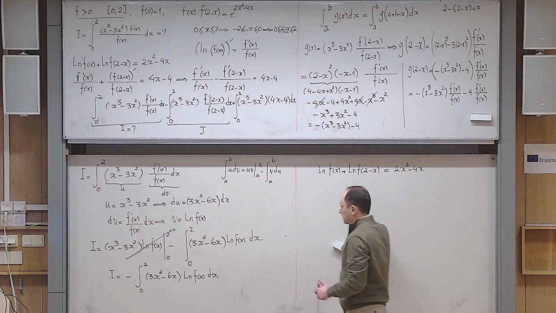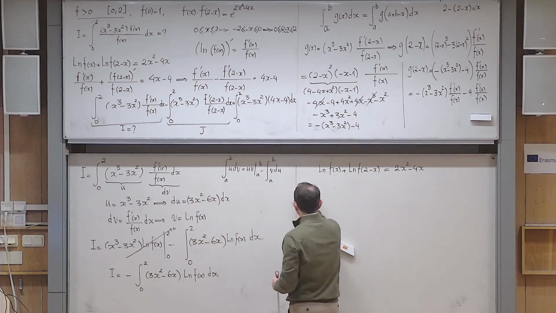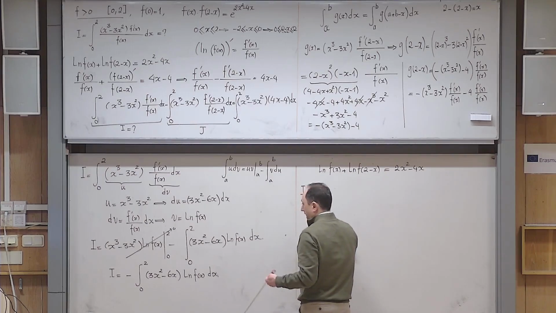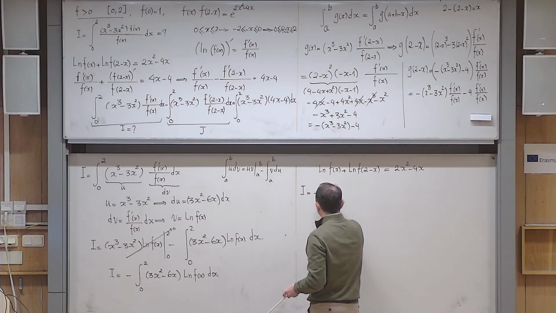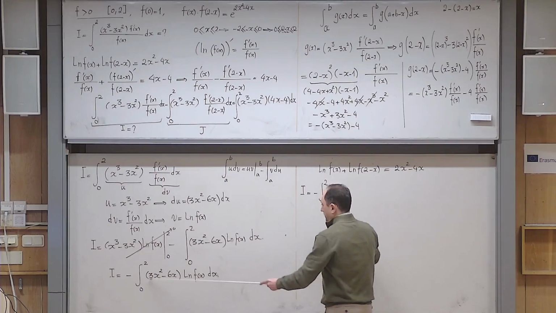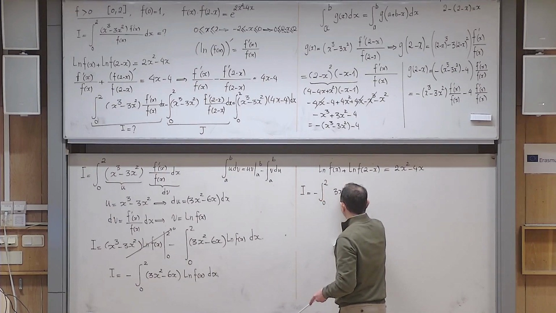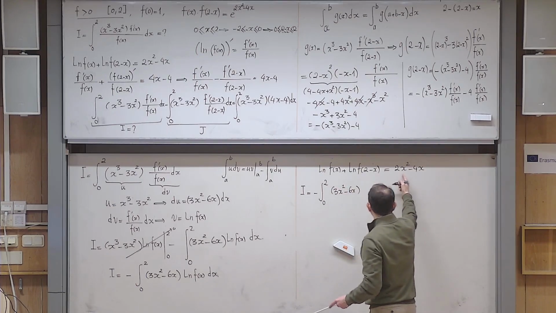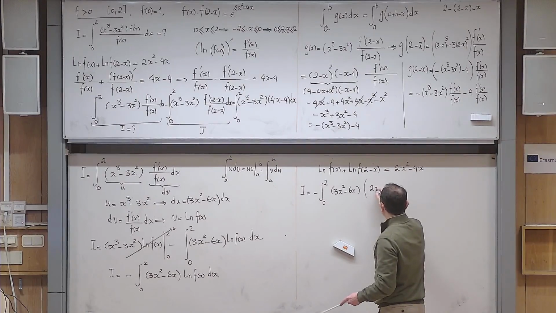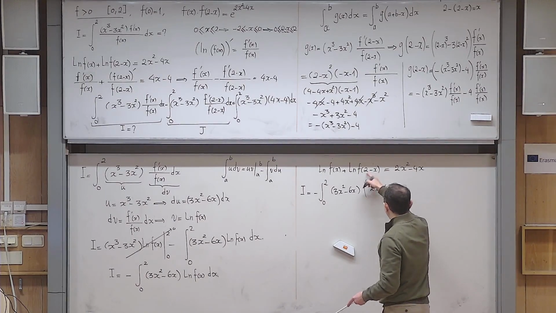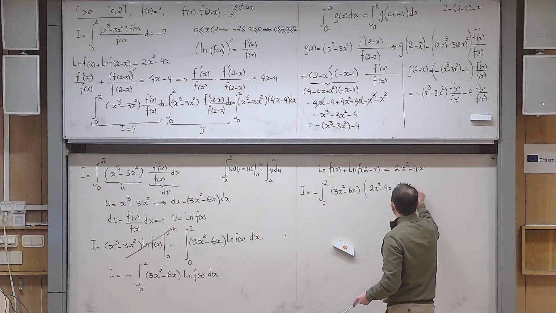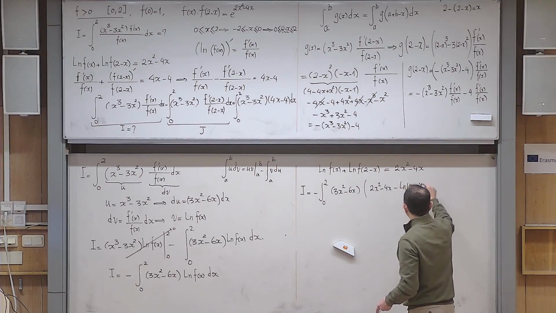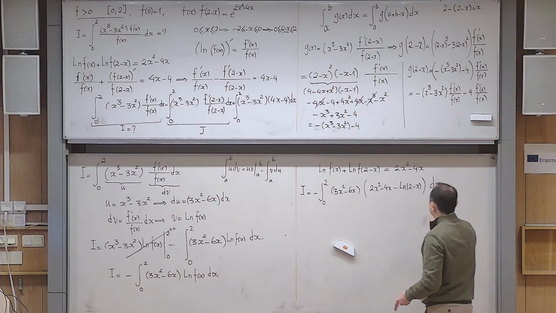So I can say that the integral I that I am looking for has a minus sign, integral from 0 to 2, and then I copy and paste 3x squared minus 6x, and then instead of ln of f of x, I put this expression, 2x squared minus 4x, minus ln of that expression. I don't know, maybe this is even simpler.